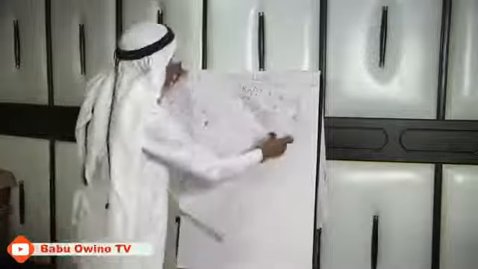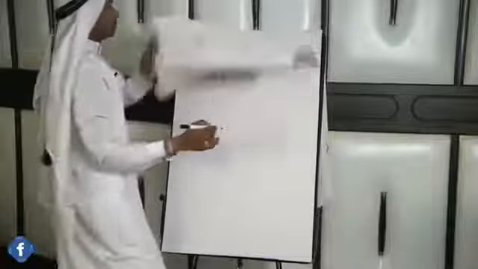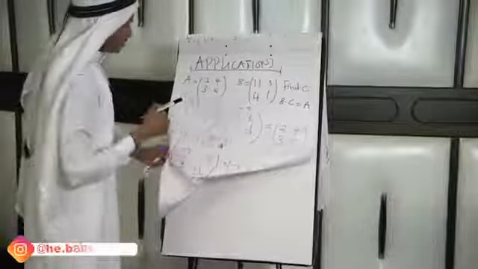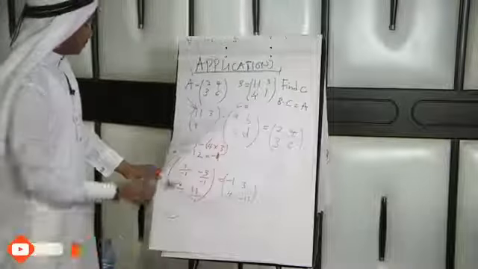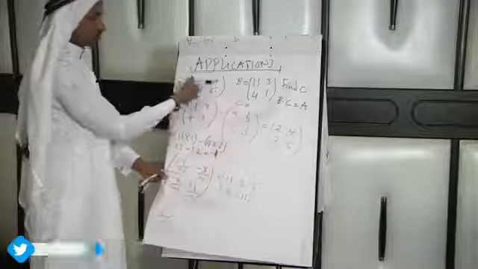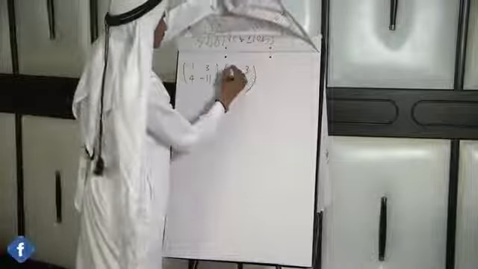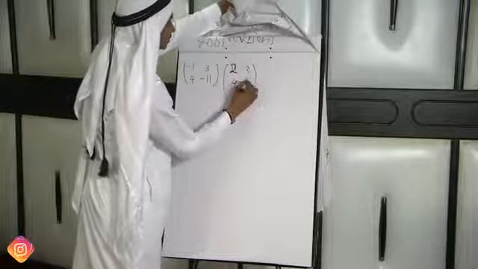Let me open another page. So here we have minus 1, 4, then 3, minus 11. You pre-multiply it by 11, 4, 3, 1, by 2, 3, 4, 6 of A. Good.